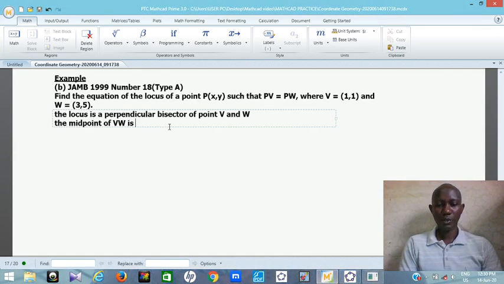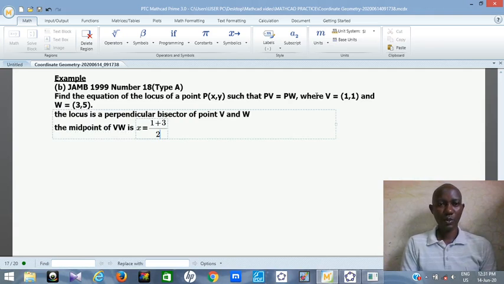For the first coordinate, x is going to be equal to 1 plus 3, so x1 plus x2, divided by 2. Then you can easily solve this: 1 plus 3 is 4, and 4 divided by 2 is 2.